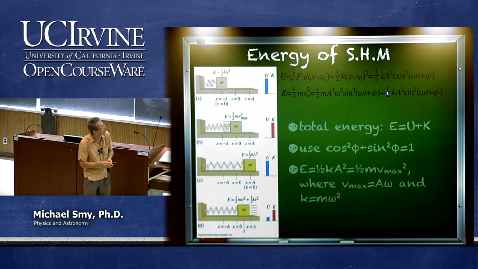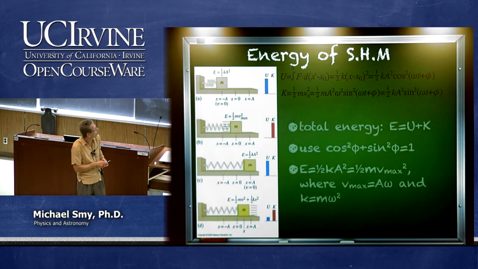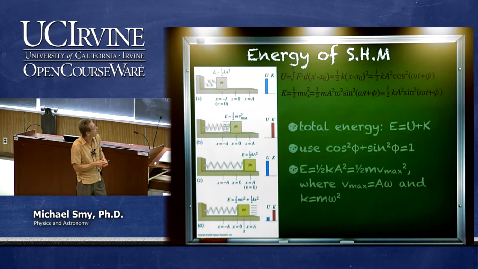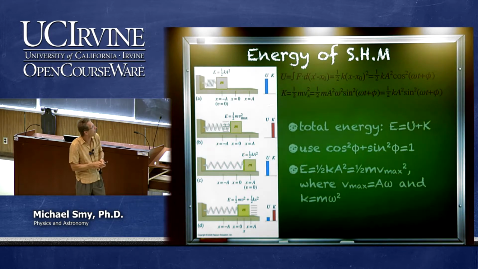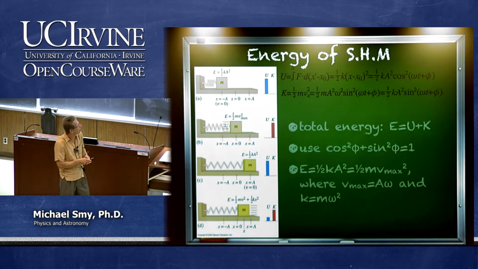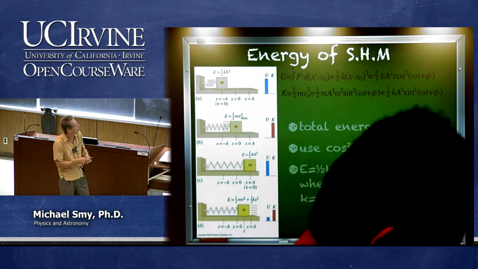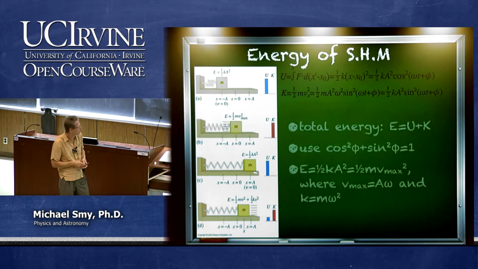At x equals 0, there's no potential energy at all, and the energy is all kinetic energy. So U equals 0 and K becomes maximal. And then the mass slows down and reaches the opposite point. The velocity again is 0, and we have the same situation as here.